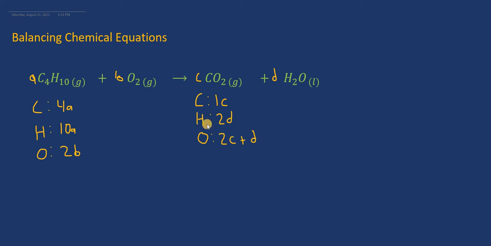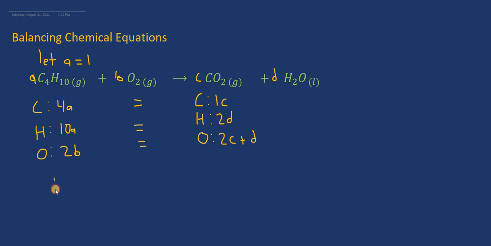So one of the key things you want to do here is set both sides equal to each other for each element. So we're setting the carbon on the left side equal to the carbon on the right side. We're setting 4A equal to 1C. And really the key factor here is you're going to let A equal 1. Because that would make it a lot harder if we didn't have anything to work with. But letting A equal 1 gives us something to work with.